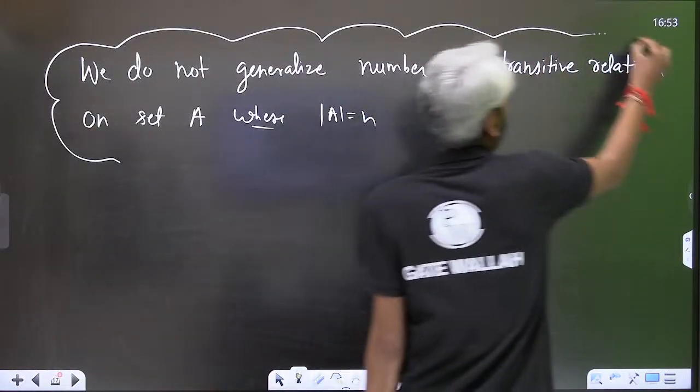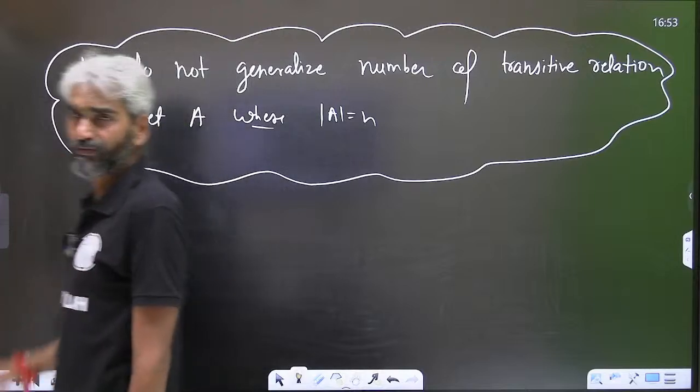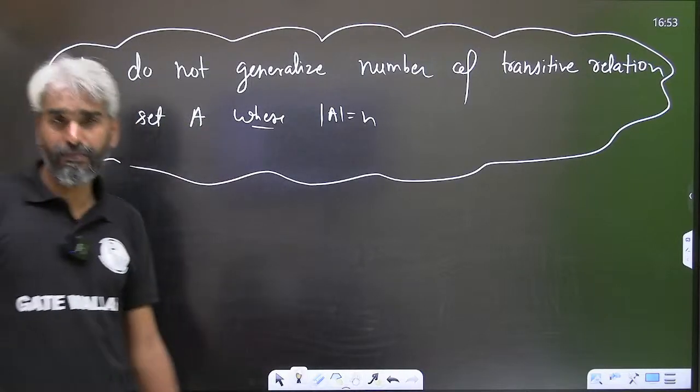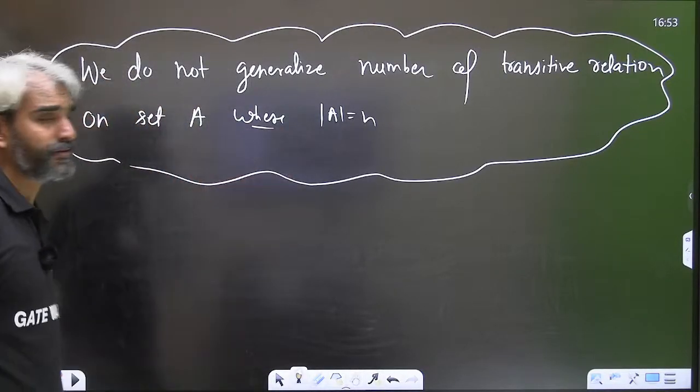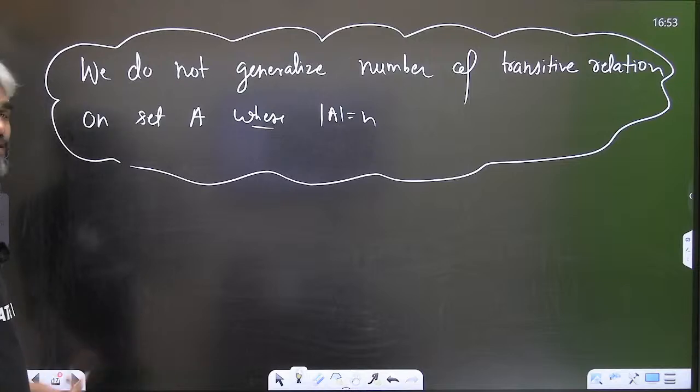Even if you do it, it will be a type of recurrence relation which will be very complicated to handle. But anyway, we do not generalize the number of transitive relations.